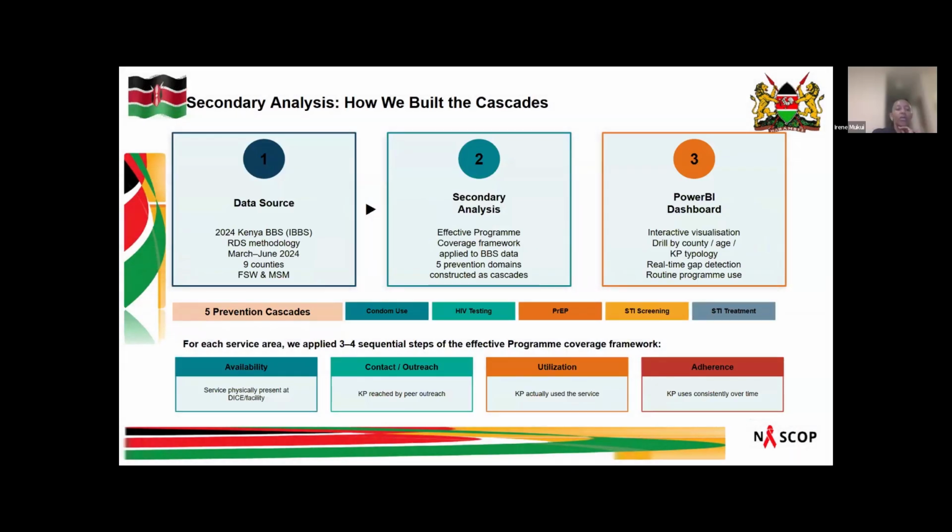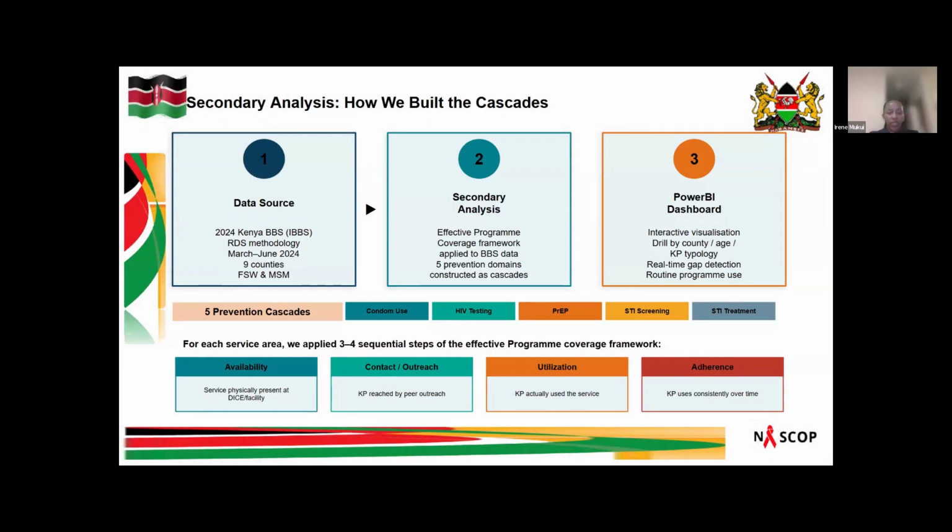Next slide, please. So as I mentioned, our data was the 2024 biobehavioral survey, which was conducted between March and June 2024 in 9 counties among female sex workers and men having sex with men. We conducted secondary data analysis applied to the biobehavioral survey.